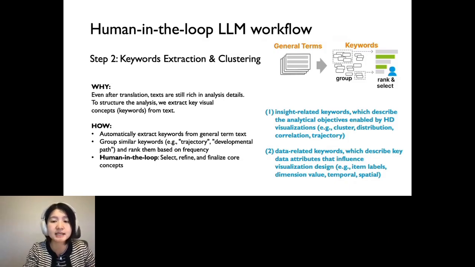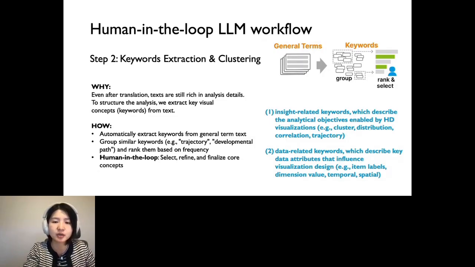To make the analysis more structured and searchable for the following steps, we extract the key analysis concepts from those texts. We do this by first automatically extracting candidate keywords from the translated general terms, and then grouping similar terms based on semantic meaning. For example, trajectories, developmental paths, and differentiation directions are all grouped into one single term.